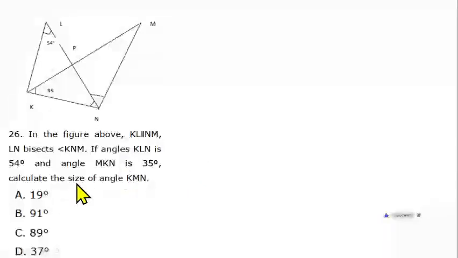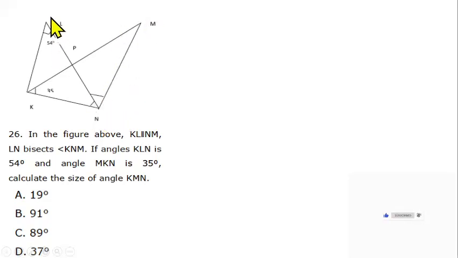Question number 26 is from plane geometry. We are given this diagram in the figure above. KL is parallel to NM. This side KL is parallel to NM, which is this side as well.